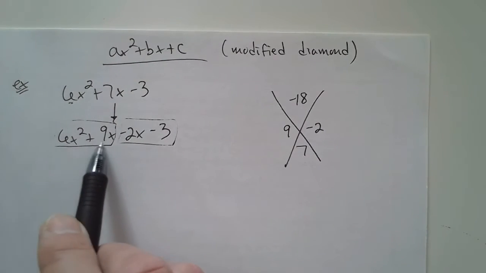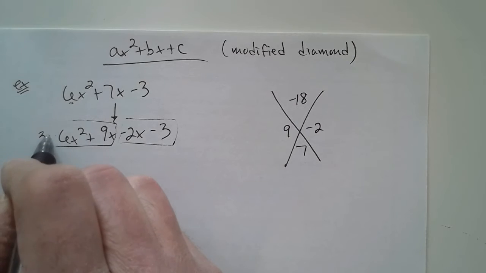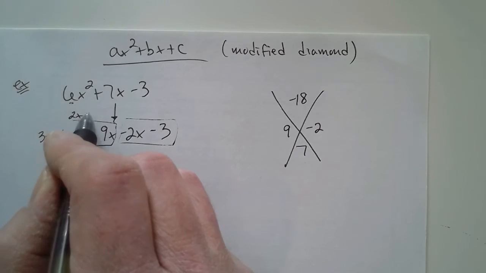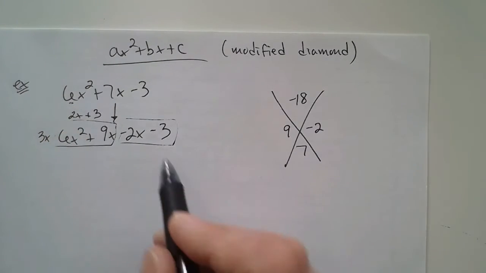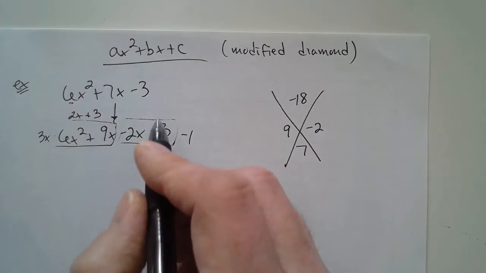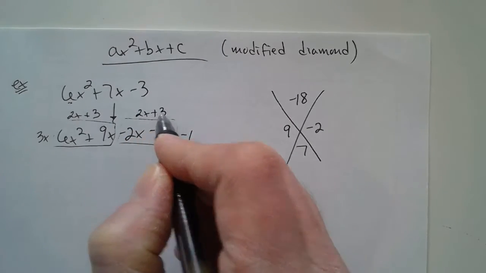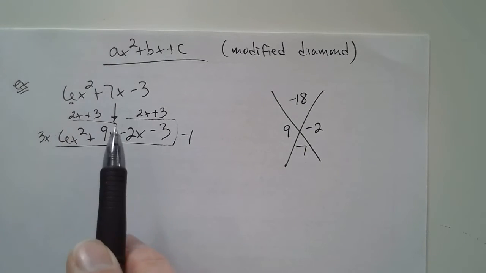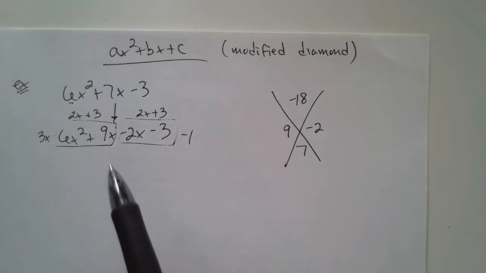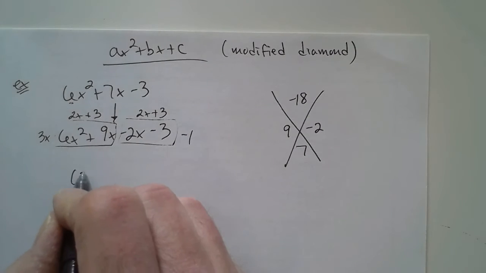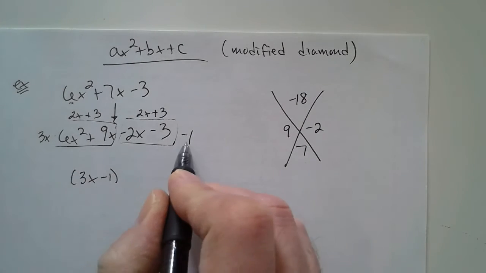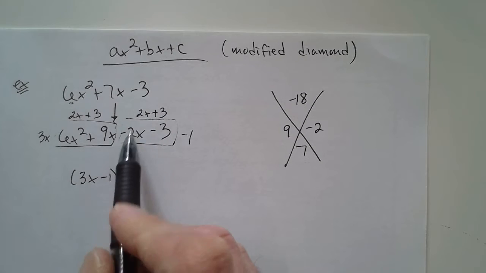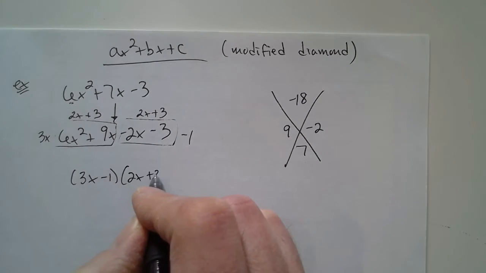If I can take something out of here, it would be 3x, and I'd be left with 2x plus 3. And I could take a negative 1 out here, and it'd be 2x plus 3. If we do it right, these 2x plus 3 and 2x plus 3 binomials should be the same, which they are. So then we just have 3x minus 1 left after you take a 2x plus 3 out of each term.